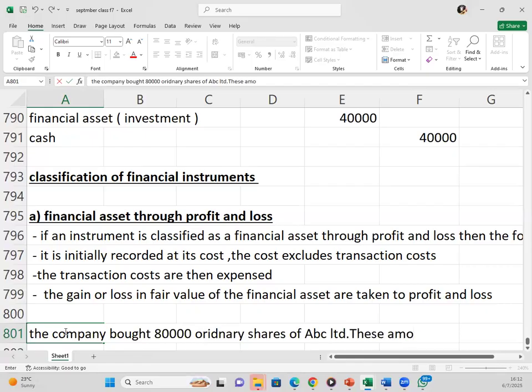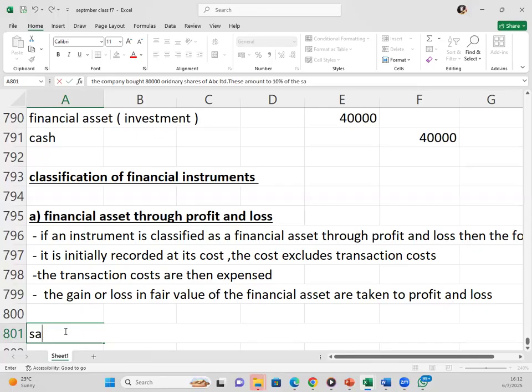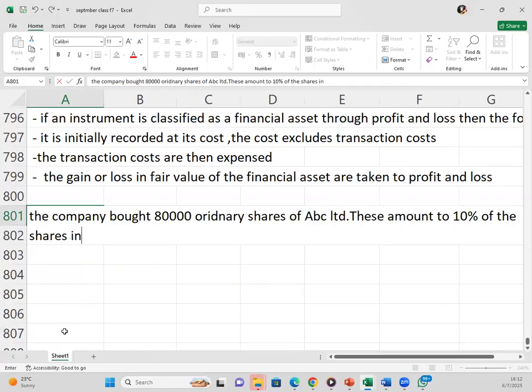These amount to 10% of the shares in ABC Limited.